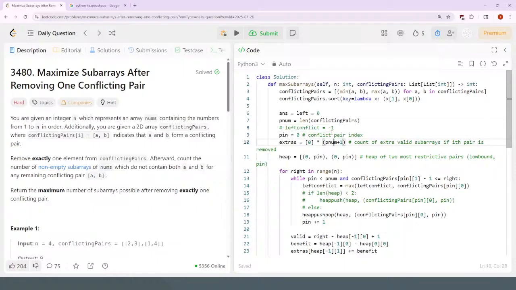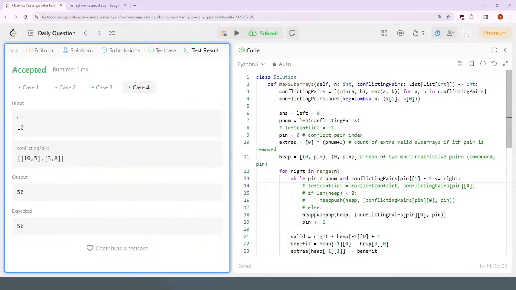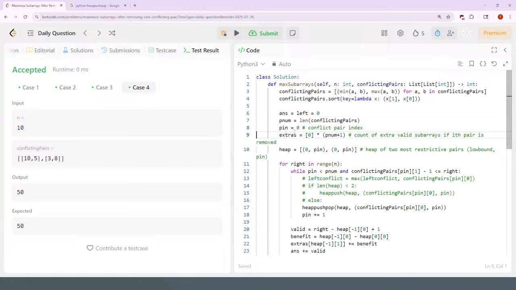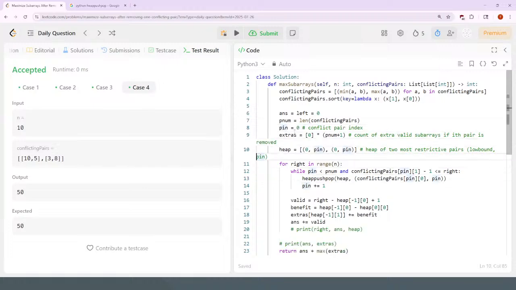I think I used it. So remove this. I have my extras. I have my heap for every right index, I think.